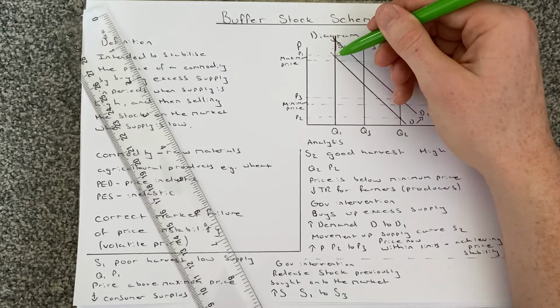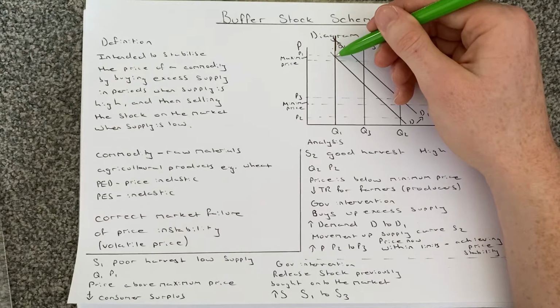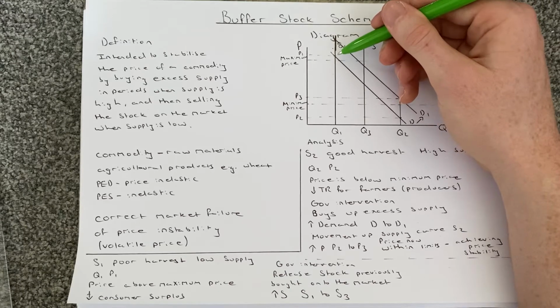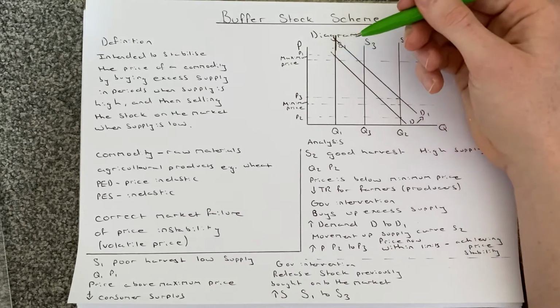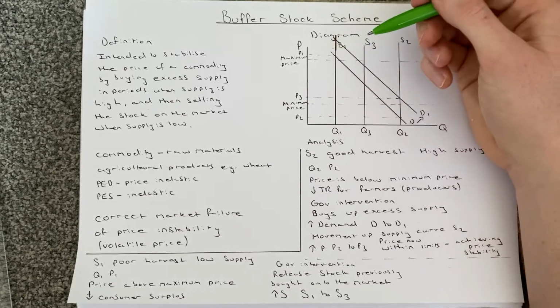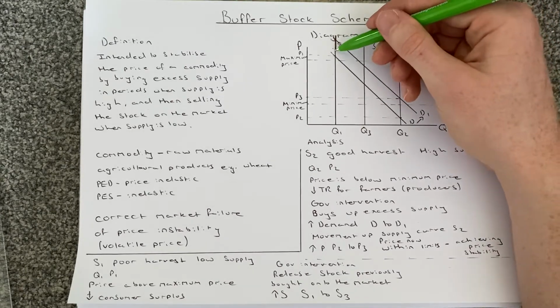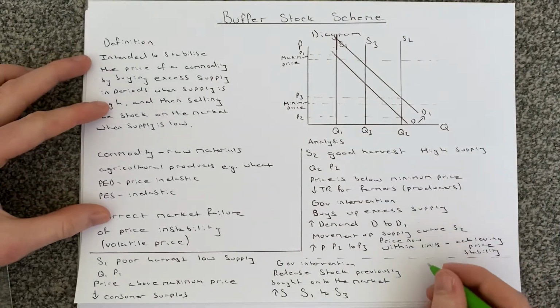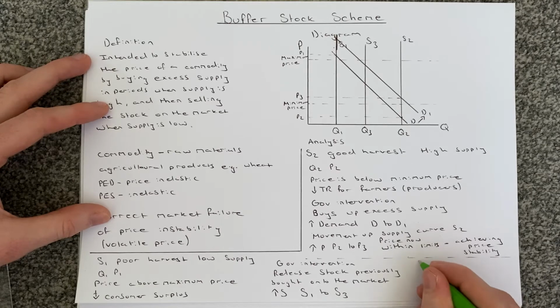This was above the maximum price, so the government now intervenes in the market. The government intervenes by releasing stock that they previously bought up onto the market. And by releasing stock onto the market, the supply increases. The supply increases in this diagram from S1 to S3. We see an extension along the demand curve.